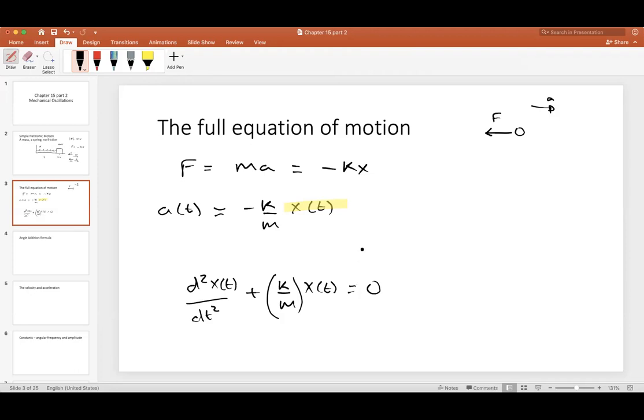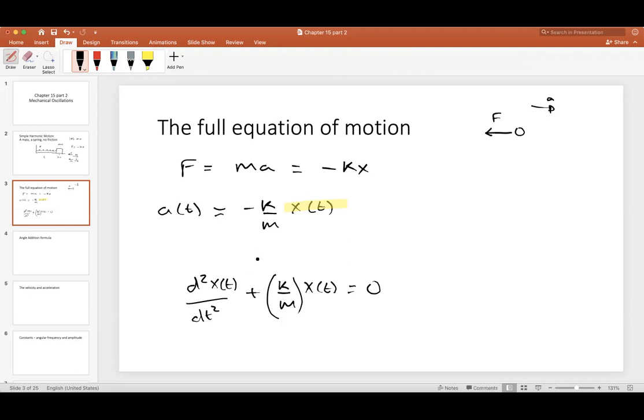Okay? And so we need to figure out what function, whose second derivative gives back the function times a negative constant. Because it's a second derivative, we know it has to be a periodic function, a function that comes back to itself. We know the periodic functions.